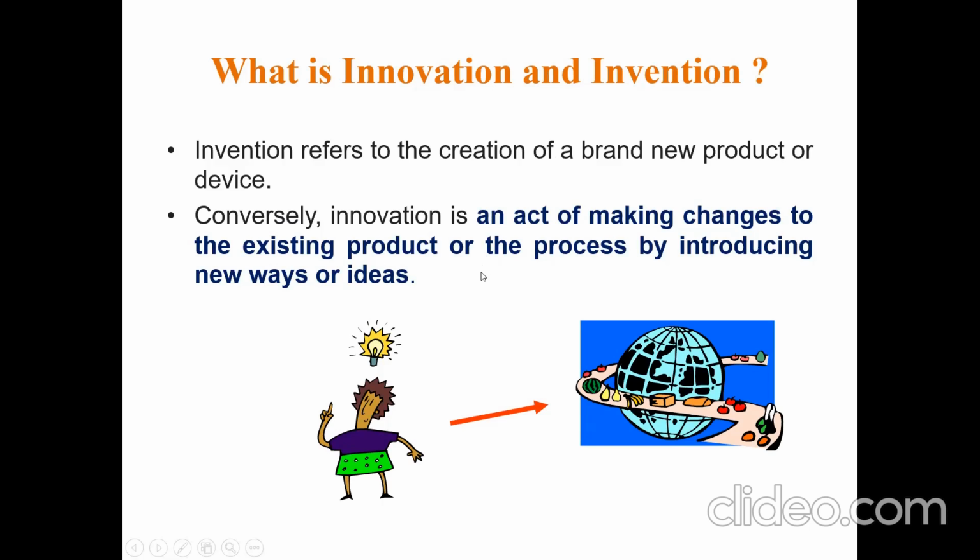For example, if you have a machine that already exists, and you improve its efficiency or reduce the losses by 1 or 2%, it is called innovation. But if you are discovering a new machine for another application, that is called invention. That is the difference between invention and innovation, right?